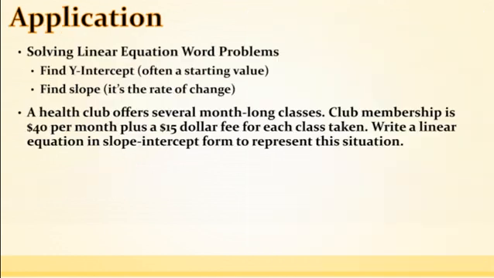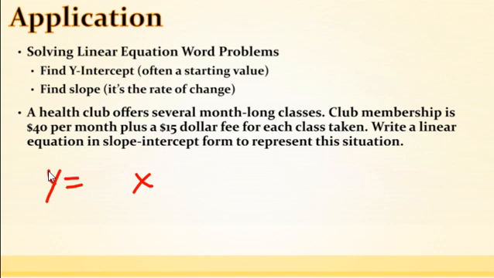And the final one. Solve this problem. A health club offers several month-long classes. Club membership is $40 per month plus a $15 fee for each class taken. Write a linear equation in slope-intercept form to represent this situation. So we need an x term. Y is just the total cost.